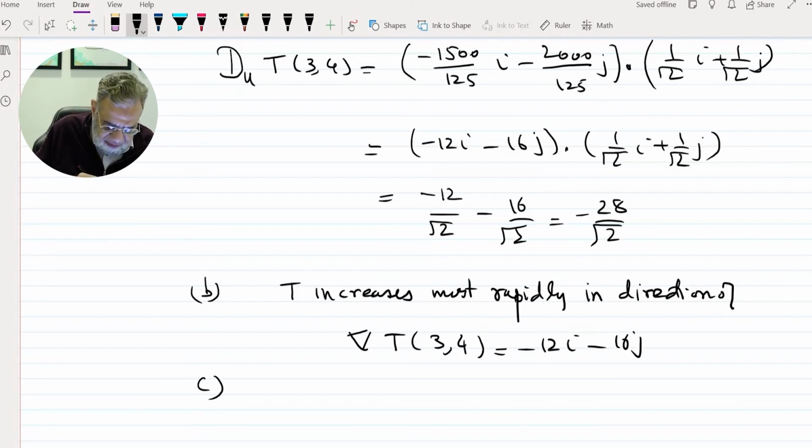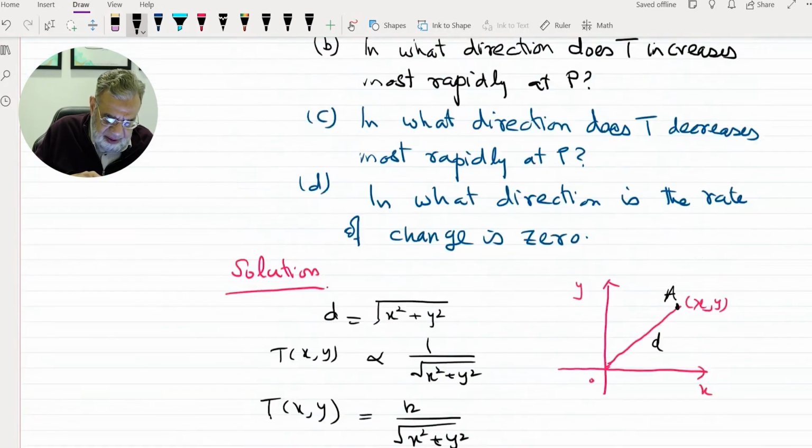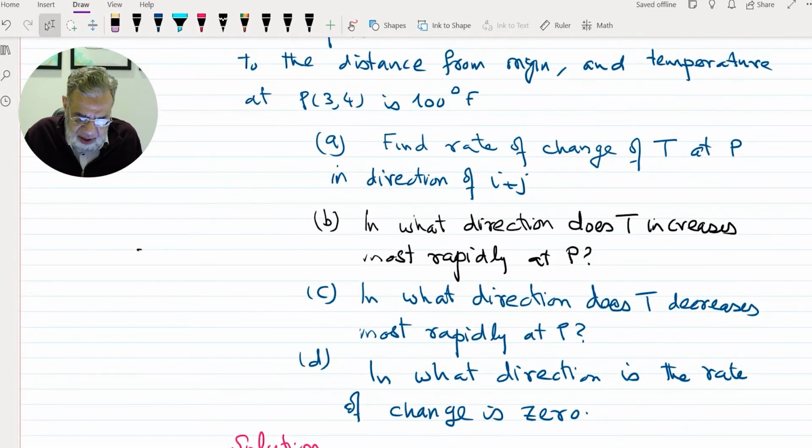Then part C of this problem: we want to find in what direction T decreases most rapidly.